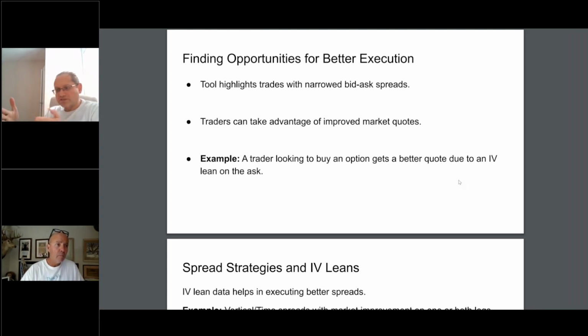Because if it narrows from the bid side, that's not a real improvement for you, because you're still paying that ask. You just know that maybe somebody else is also interested in that option, which is also information, because now you have competition. Or on the other side, if you see an implied volatility lean on the ask side, that might be an opportunity for you to get a better relative value, or better execution.